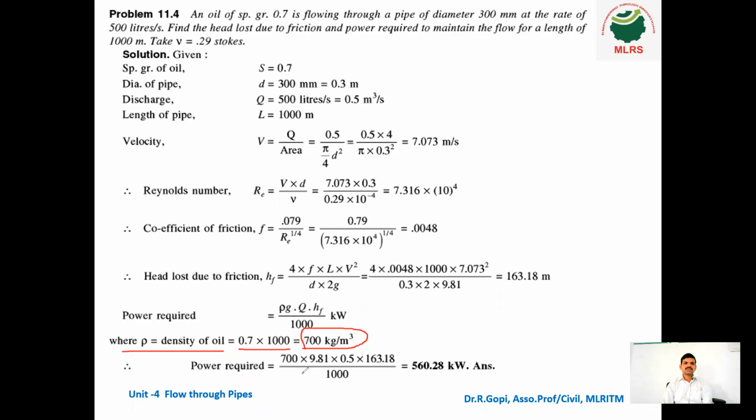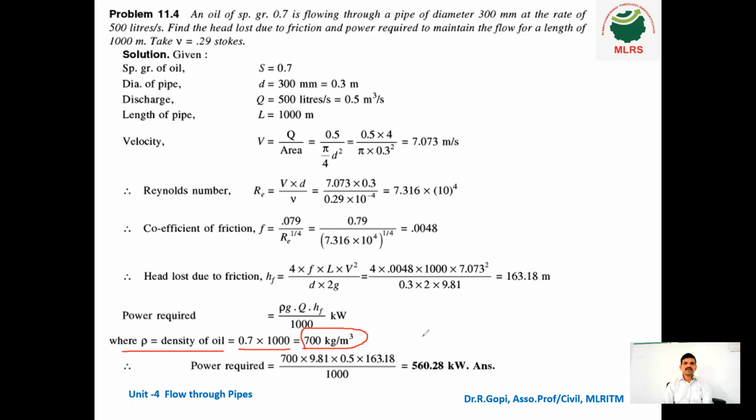So power required is equal to, substitute all the values in this equation. Density we know, 700, into 9.81 g, and Q is 0.5 meter cube per second, and HF is 163.18 meter.